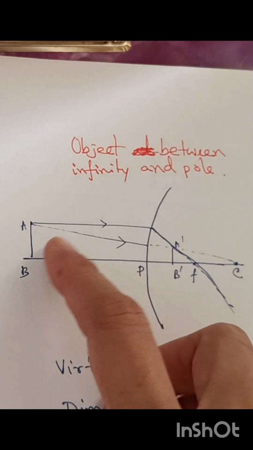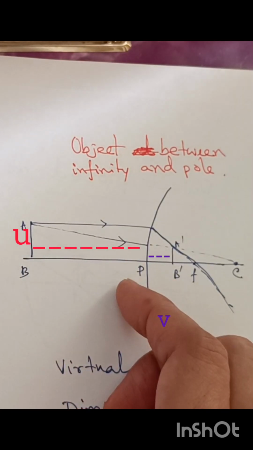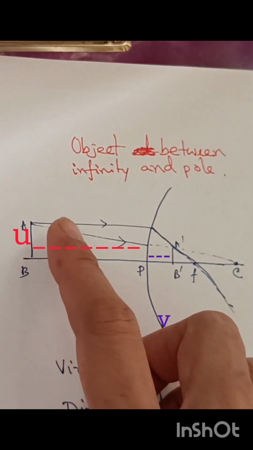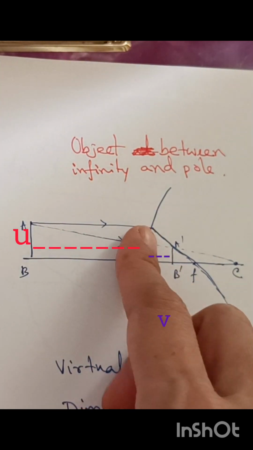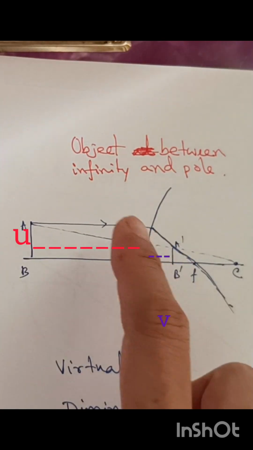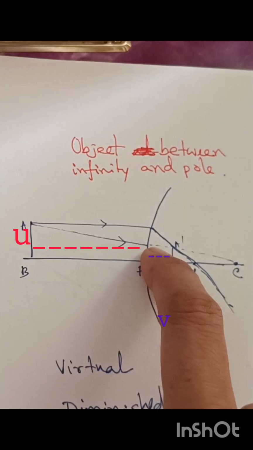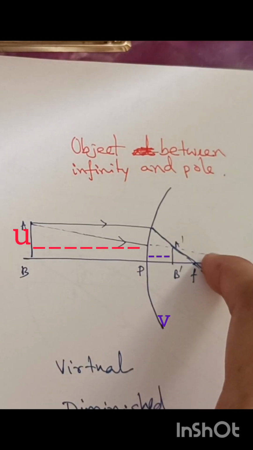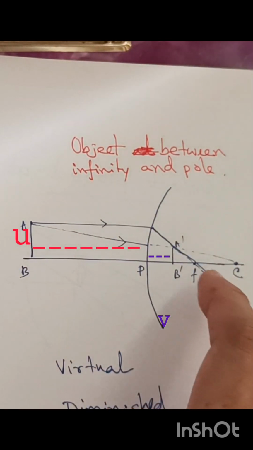When the object is placed between infinity and pole, say one ray comes parallel to the principal axis and another comes which will go through C, and the parallel ray will go through F. They meet at a point between pole and F, making an image A dash B dash, and it is erect.